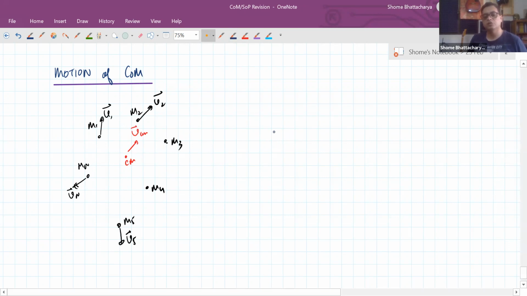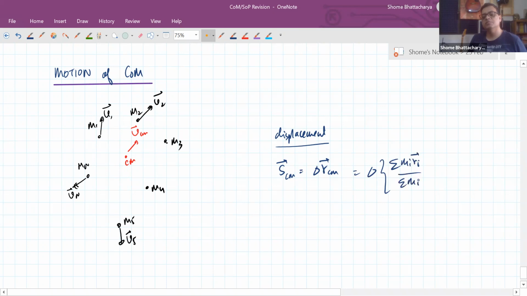So how to calculate? So we start with the understanding of displacement of the center of mass. Now obviously displacement is defined as change in the position vector. And the position vector of the center of mass itself was defined as summation of m into r divided by summation m.